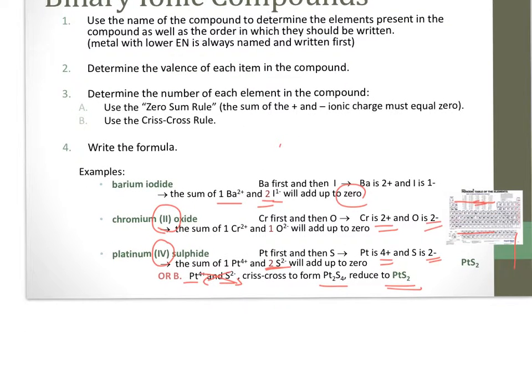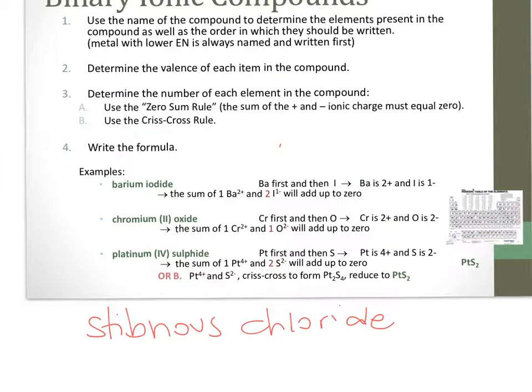Now, this is all well and good, but what about a name such as stibnous chloride? This is not IUPAC, this is the classical nomenclature system. So you'll have to take a look at your periodic table.